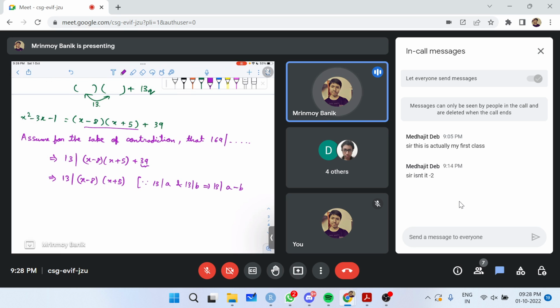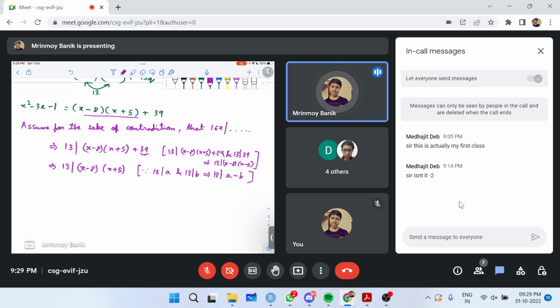So we knew 13 divides (x minus 8) times (x plus 5) plus 39, and also 13 divides 39, so that implied 13 divides their difference, which is (x minus 8) times (x plus 5). Got it?